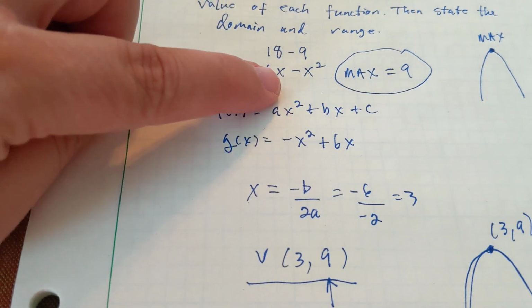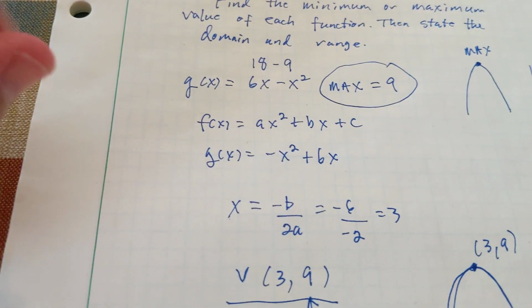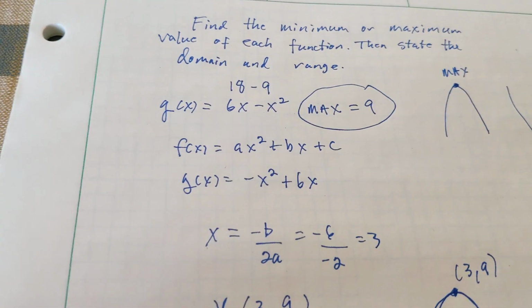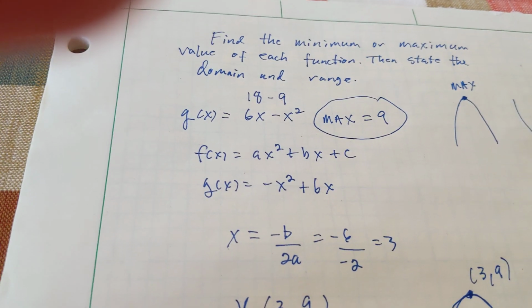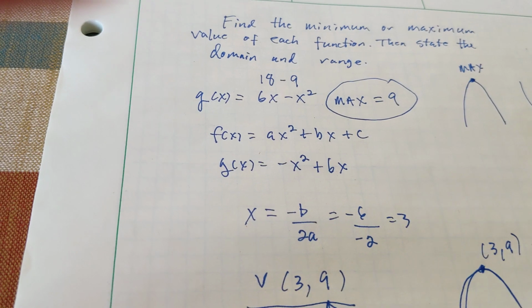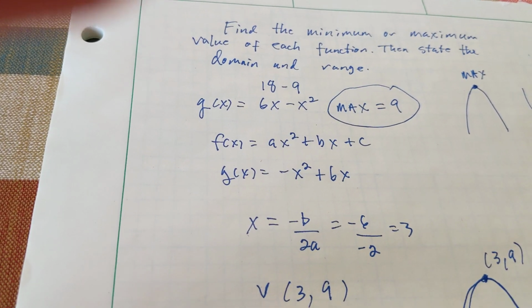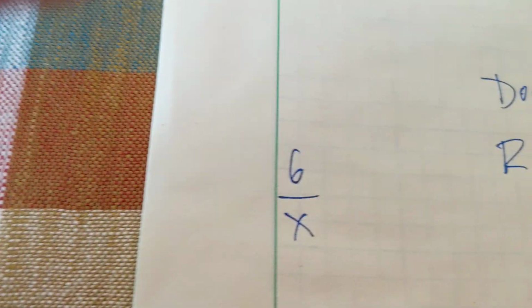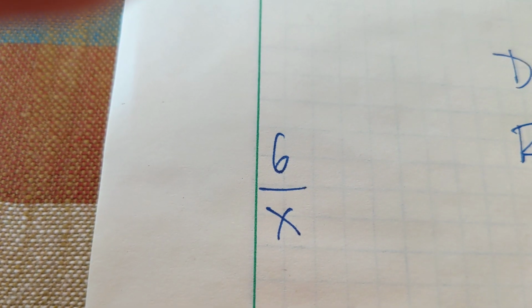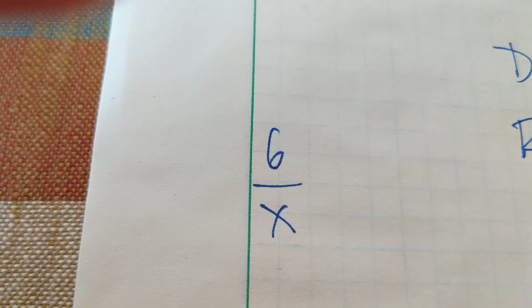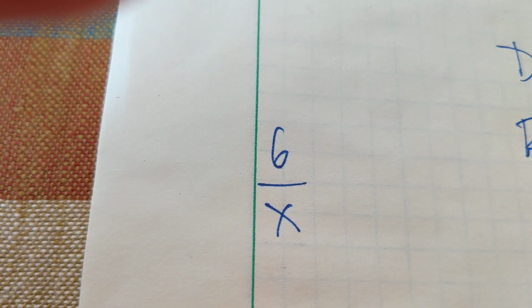Notice, you really could put anything in there. Everything's going to be defined, so there wouldn't be anything that would not be allowed. You might be thinking, what type of equation would not allow some x values? Good question. The first one would be fractions. If I had this equation here, you couldn't put 0 there because you can't divide by 0. 6 divided by 0 is undefined, so this would have a limited domain.